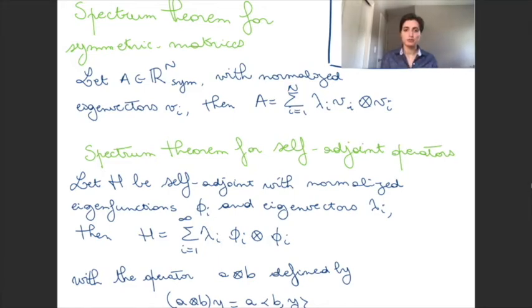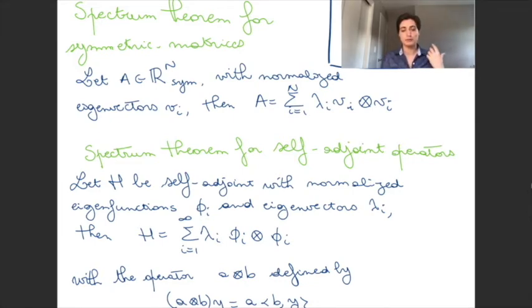And operators are usually defined by how they act on other things. So we define the operator A tensor B applied to the function y as A multiplied by the inner product of B and y. Notice that the order in which we are multiplying things matters. For tensor product, it mattered also in finite dimensions.